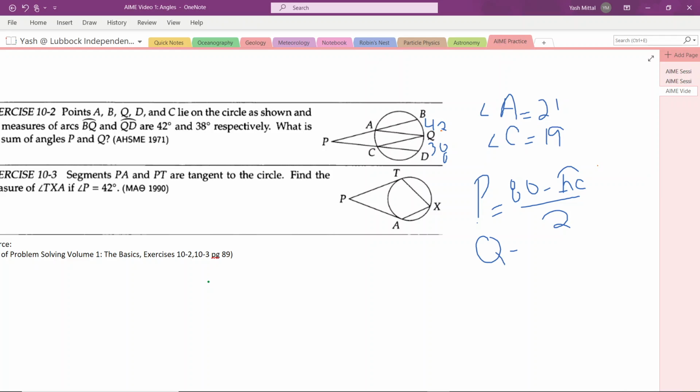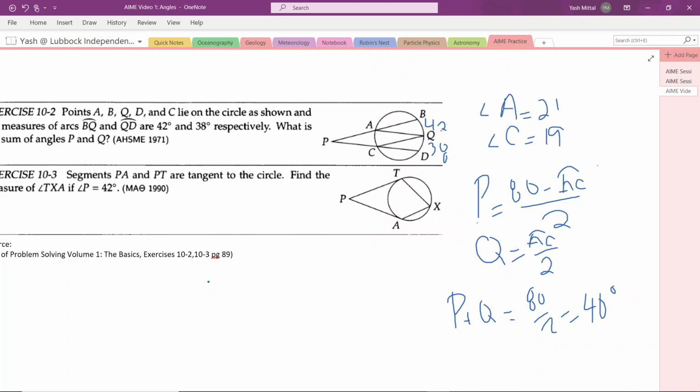Now Q is an inscribed angle, it's on the circle, so that's equal to AC over 2. So if we add them up, P plus Q, since it asks us for the sum, I noticed that the AC over 2 terms cancel out, since it's minus AC over 2 and plus AC over 2. So what we're left with is 80 over 2, which is equal to 40 degrees.